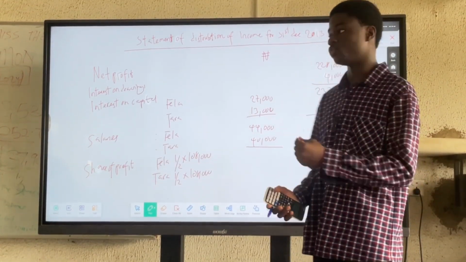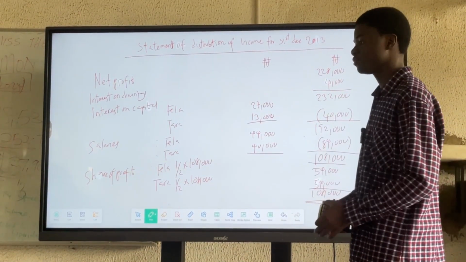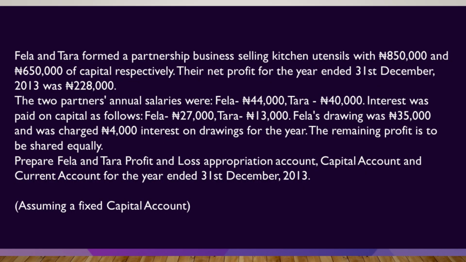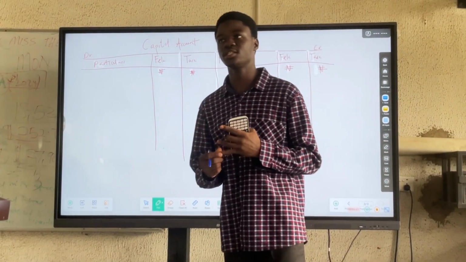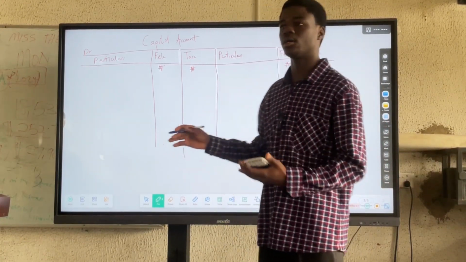So now we're done with the preparation of the statement of distribution of income for 2013. The question says we should prepare a capital account and current account. And remember, we are assuming a fixed capital account system, right? So remember what I said earlier in this video. When you're using a fixed capital account system, the balances in the capital account are fixed.